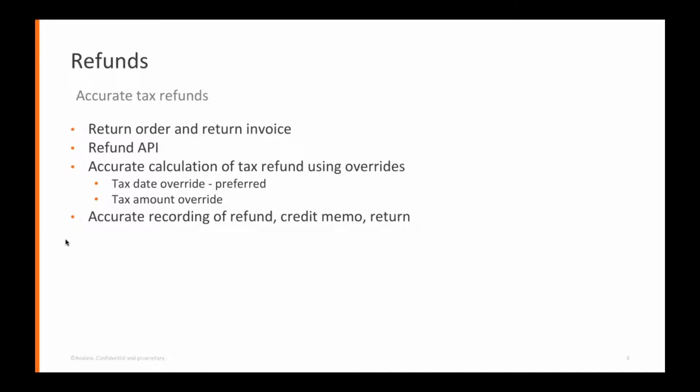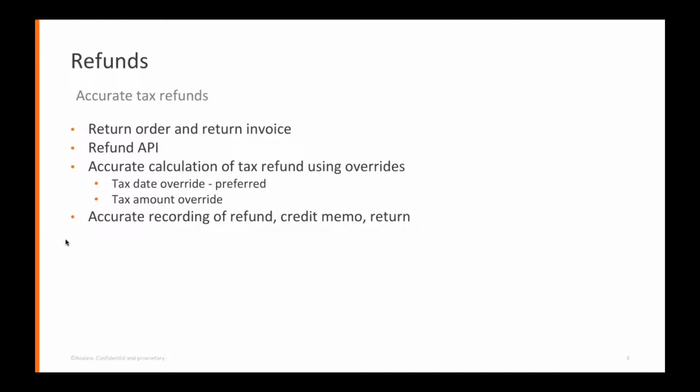There are order types and invoice types. A return order is going to then calculate the tax that should be due and refunded to the customer on the return order, if that's part of your process of accepting and going through the process of identifying the customer who wants to return or refund something and getting that through the process.